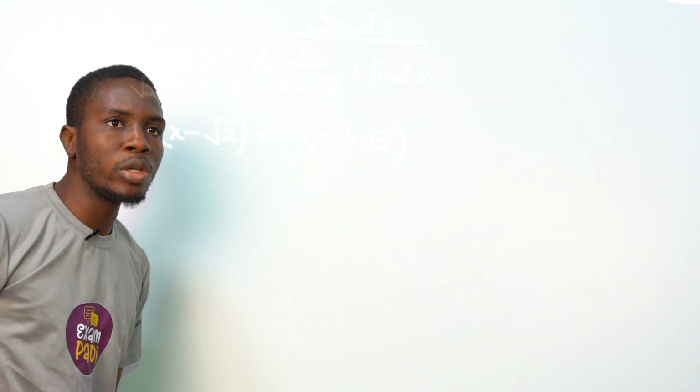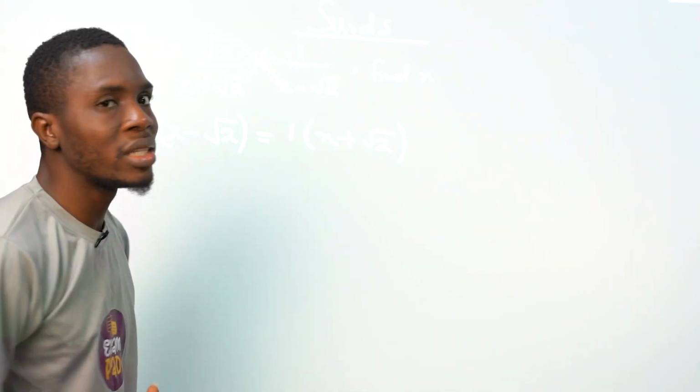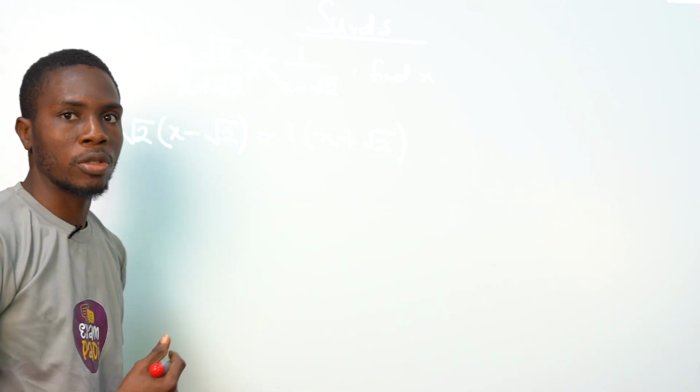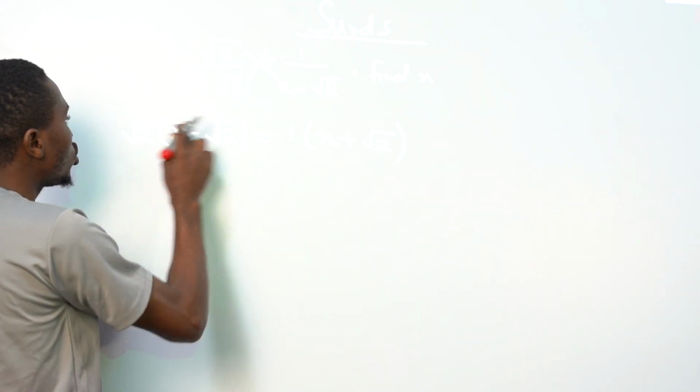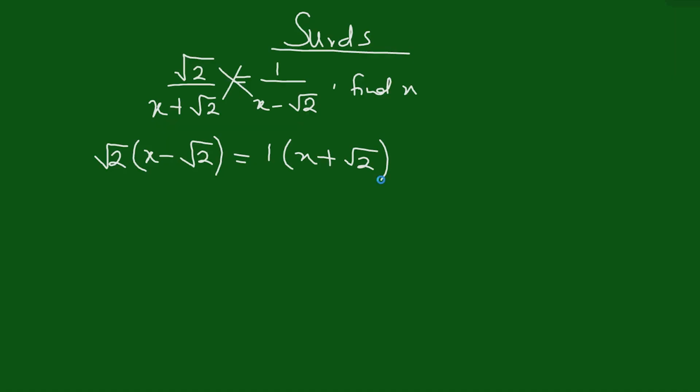Now the next thing we need to do is open the bracket on both sides of the equation. So we have root 2 times x, that would give us x root 2, minus root 2 times root 2, that would automatically give us 2 times 2.